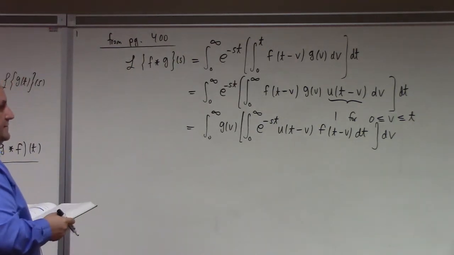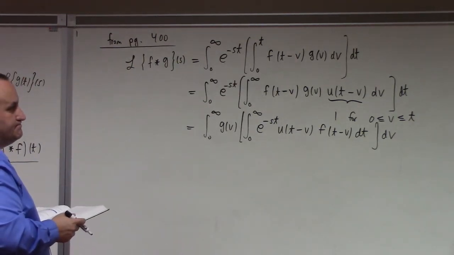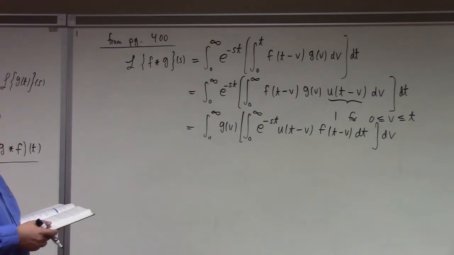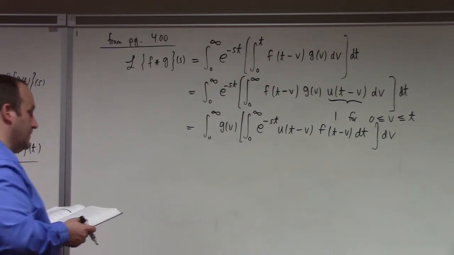I think I can buy that, right? There's no t dependence in the g of v, so we can factor it out. Make sense? Yeah. Then what?